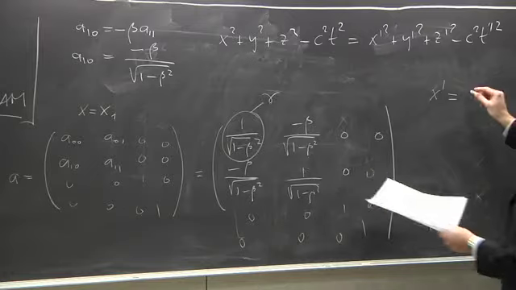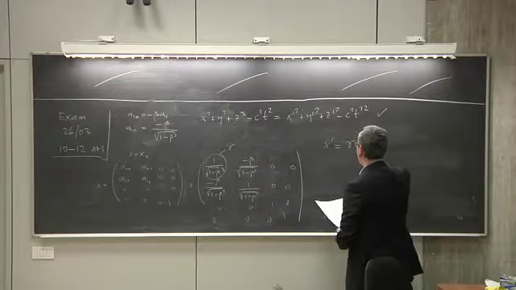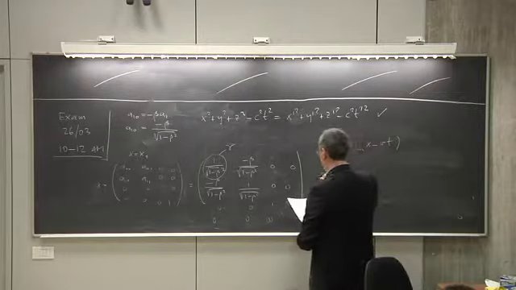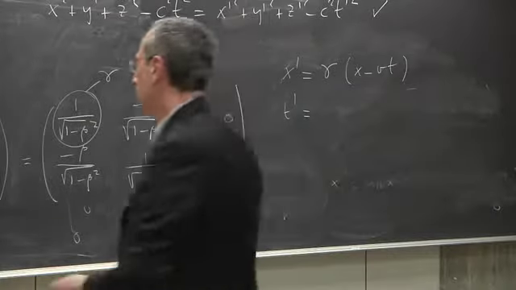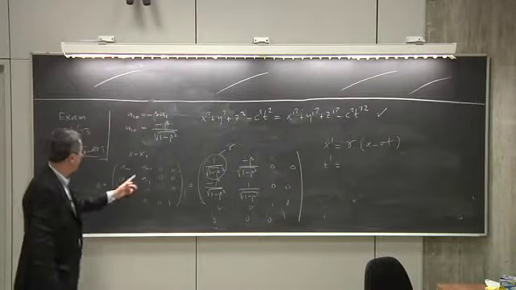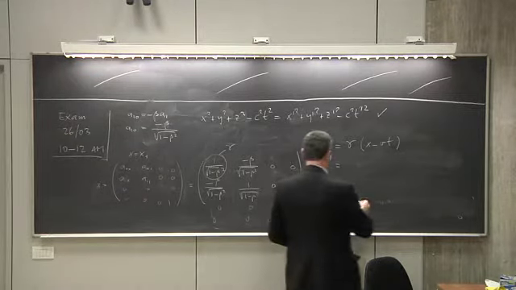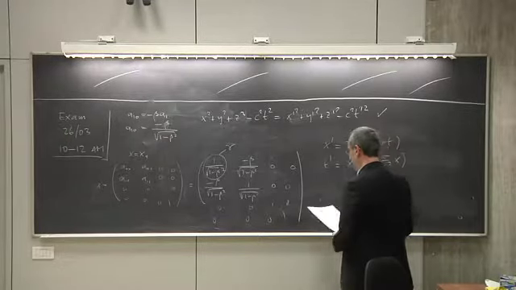It's just this factor gamma that is here everywhere, right? And then you see it is x minus vt. And what is t prime? You see t prime is not t. It cannot be t because of the form of this transformation. You see t prime also gets transformed, and it's this factor gamma times t plus v over c squared times x.